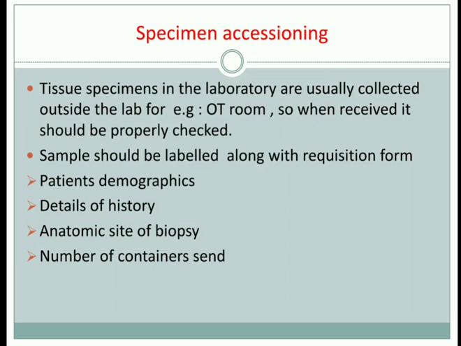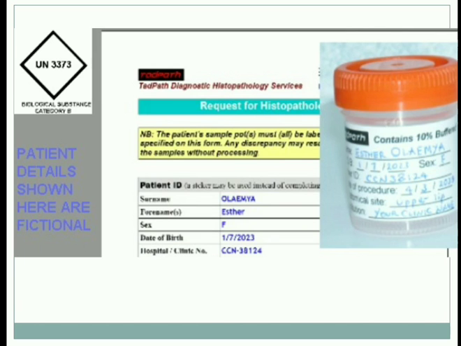It must include patient demographics like name, age and sex, details of history, anatomic site of the biopsy, and number of containers sent. This is how the tissue specimen container must be labeled along with the requisition form. These two should match with each other.